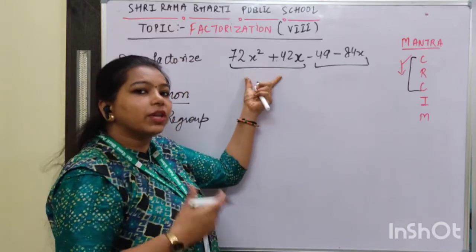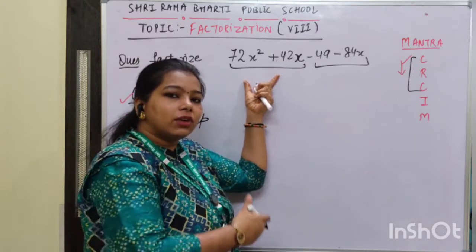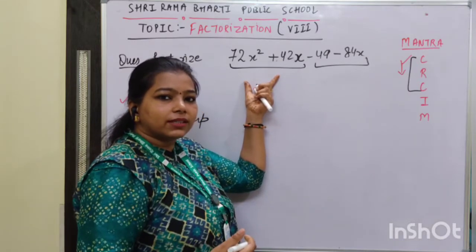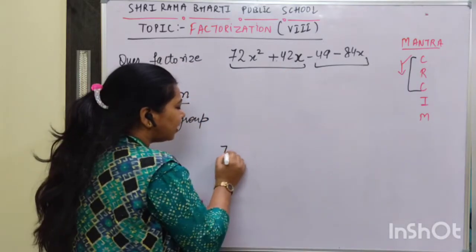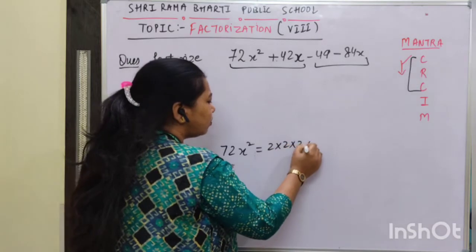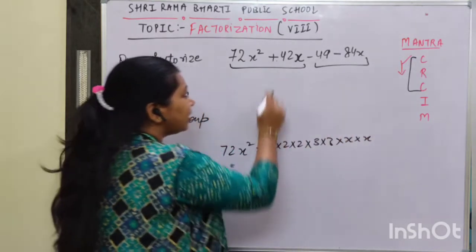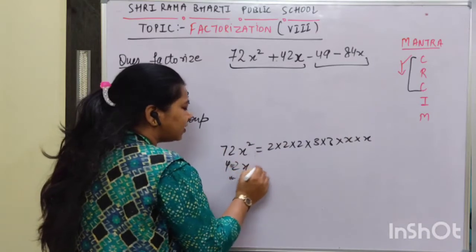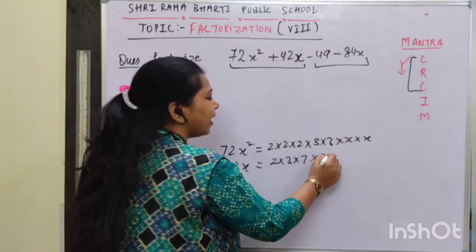In the first group, we are going to find out the common number. As we have already learned how to find the highest common factor, we will do the same procedure here only. We will write the factors of this term. It will be 2 into 2 into 3 into 3 into x into x. And the second number is 42x, so it will be 2 into 3 into 7 into x.